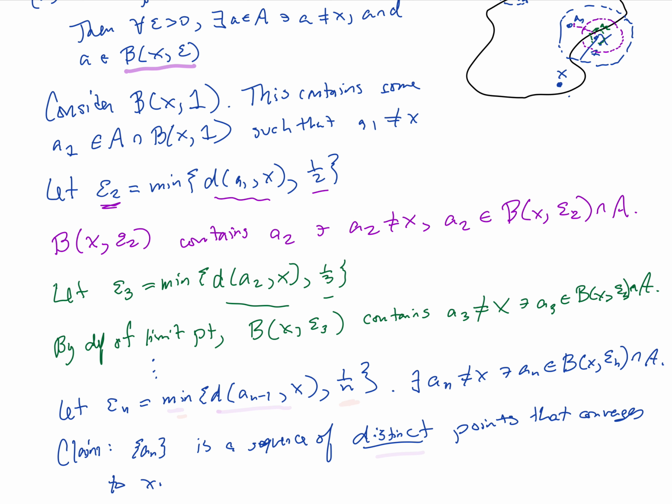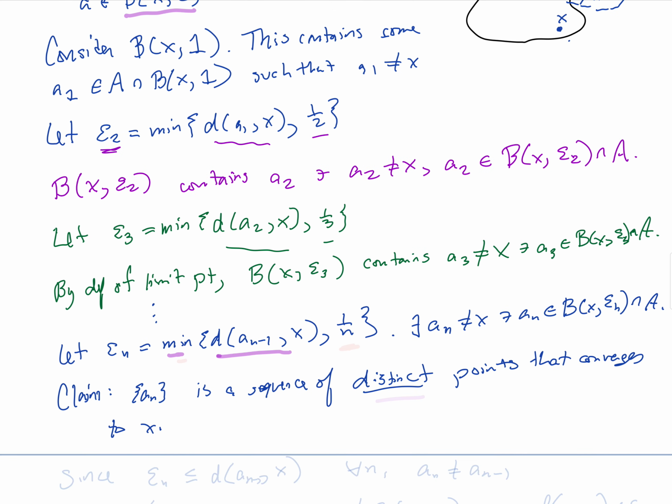The distinct part is guaranteed by this definition of being the minimum distance. This epsilon n is going to be the minimum of the distance from the former point to X and 1/n, whatever that is. So that's what's going to help me with the distinct part.